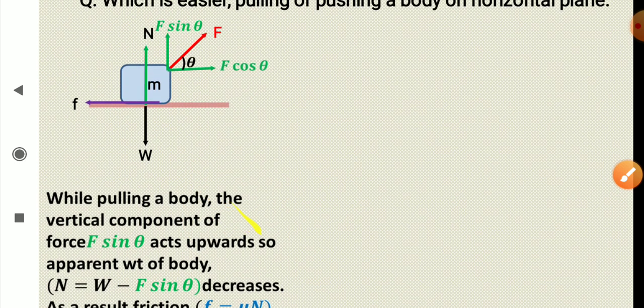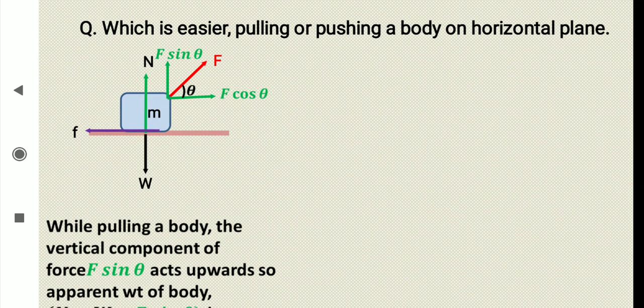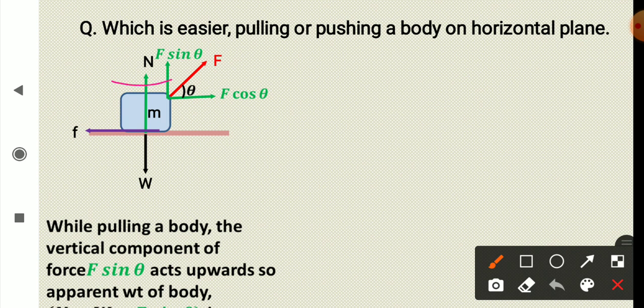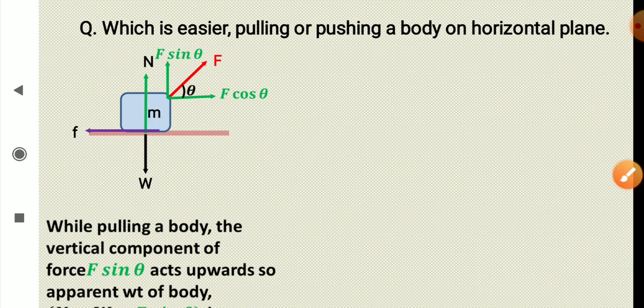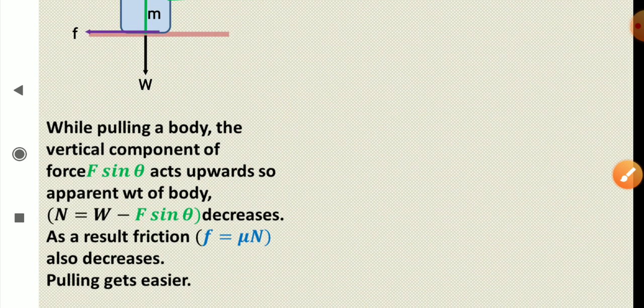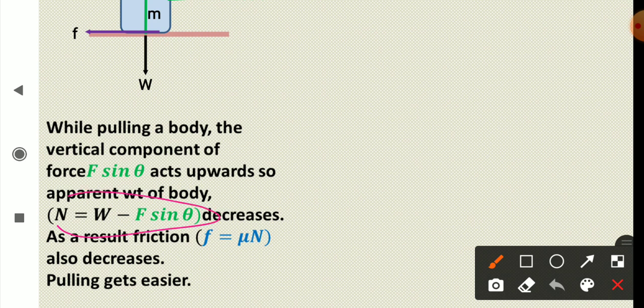Just look at it. The total upward force is N plus F sin theta, and the downward force is W. So from here you can see that N is equal to W minus F sin theta. So that is the apparent weight. Apparent weight N is equal to W minus F sin theta.